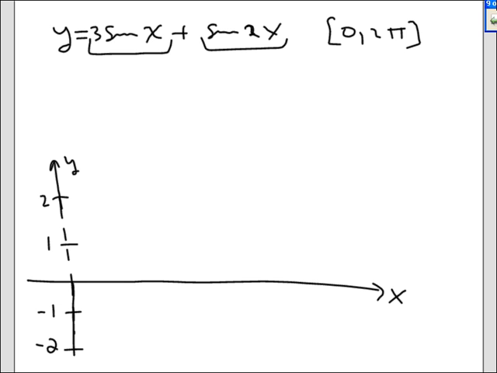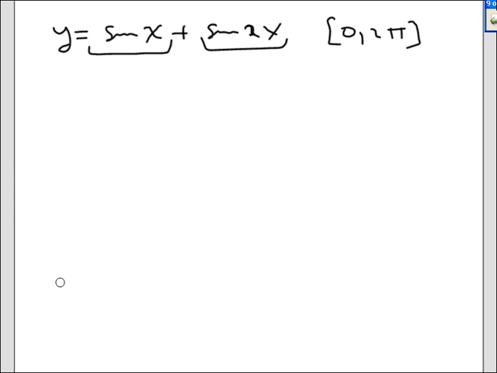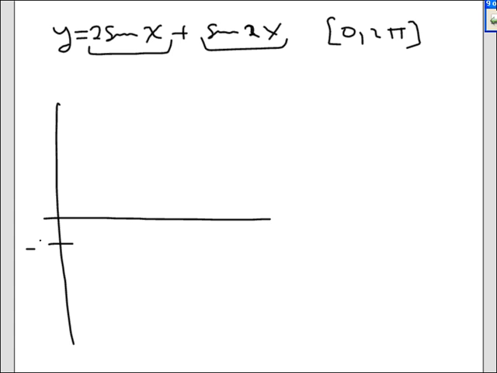To make my life easier, instead of having 3 sine x, let's have 2 sine x. In fact, even this won't work. But let's have 2 sine x. -1, -2, -3, 1, 2, 3.